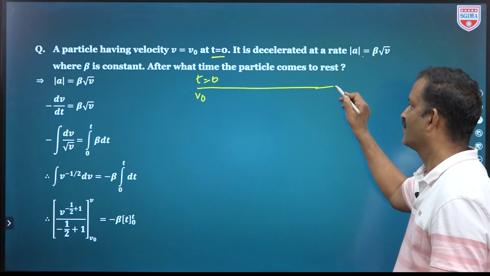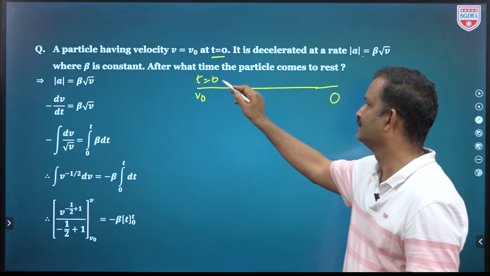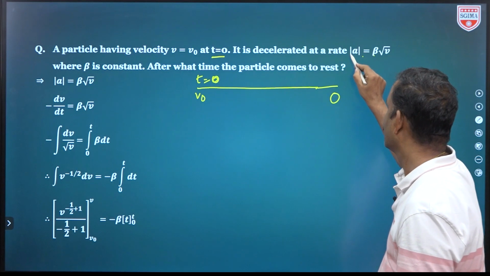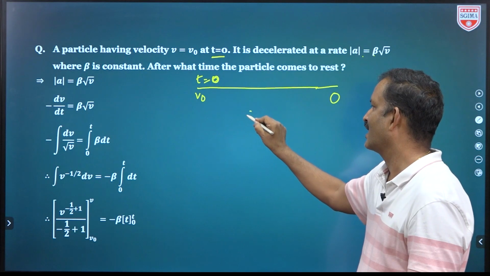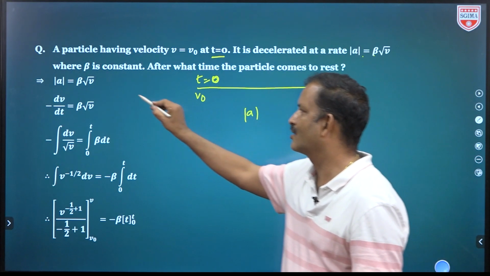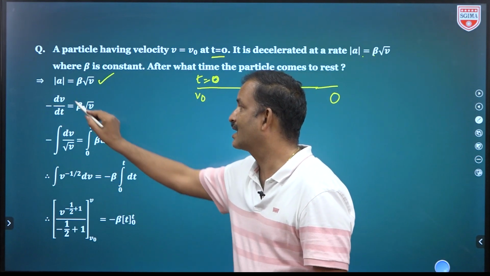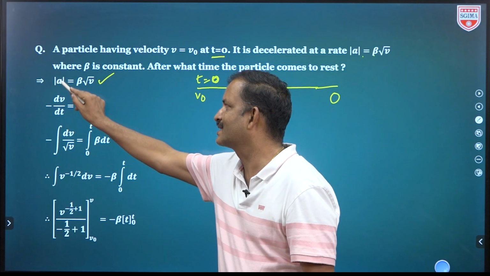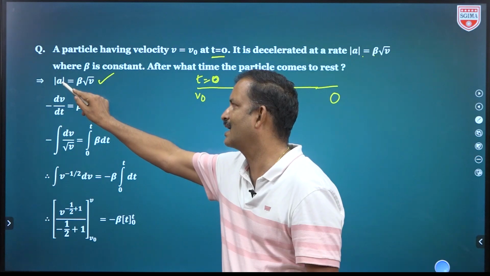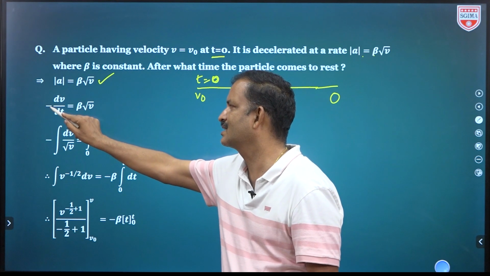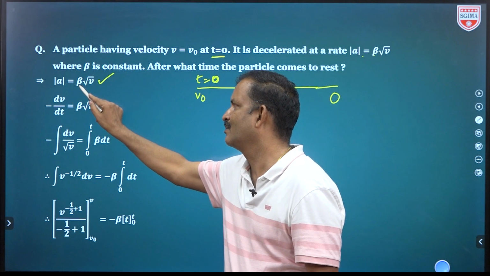Only the magnitude of deceleration is given, which is beta root v. Deceleration means negative acceleration. Negative acceleration is dv by dt, so minus dv by dt is equal to beta root v.